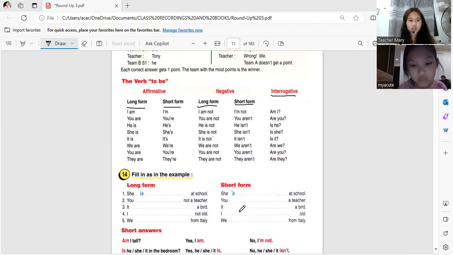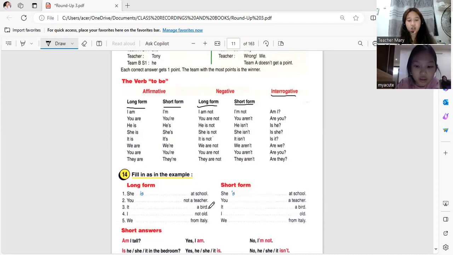let's answer this together. So, she's at school. How about this one? What will you add to the word you? You blank a teacher. You're a teacher. Very good.